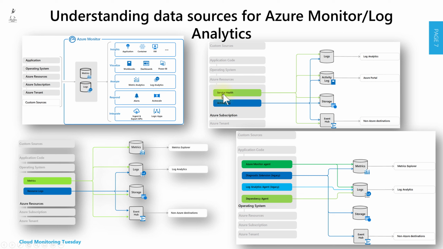For another scenario, like service health, it's also a service that puts this data, and you can see that logs could be routed here and used by Log Analytics. It's one of the scenarios when we are talking about the Azure subscription level.